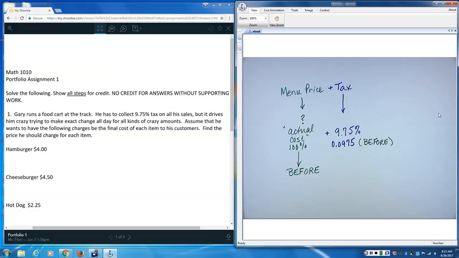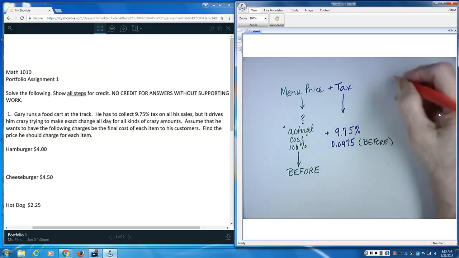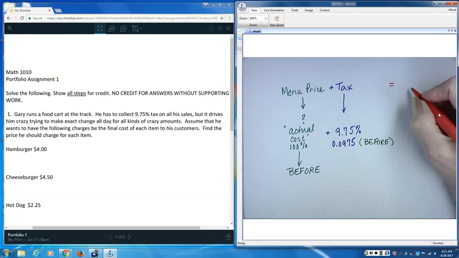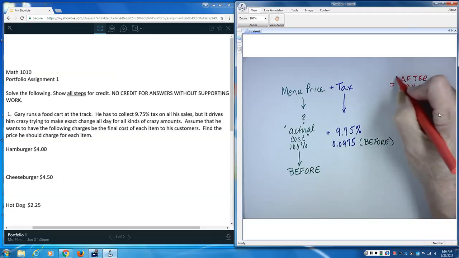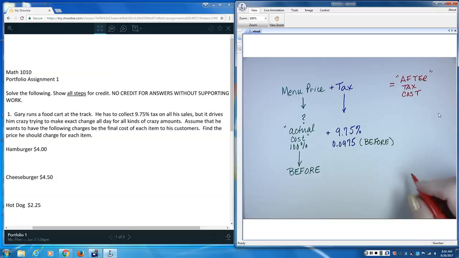So then what happens at the end is you get the after-tax cost. And that word after is very important, because what you are given is not the before, but you are given the after.